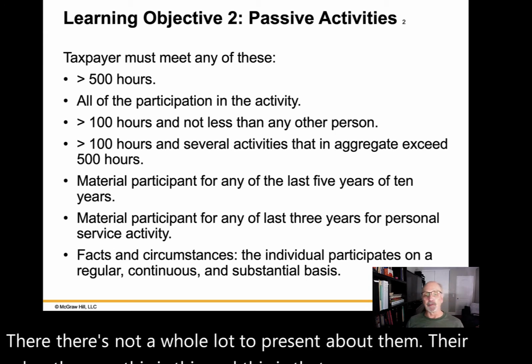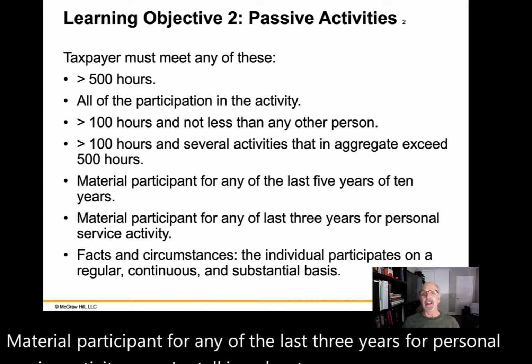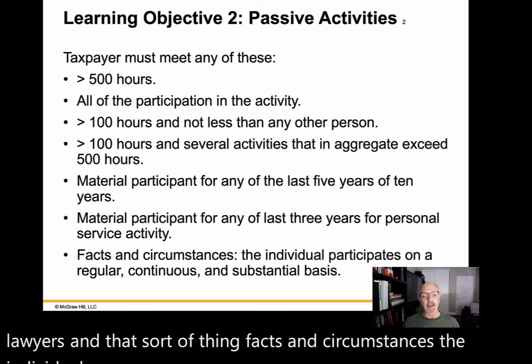Material participant for any 3 of the last years for personal service activity. So we're talking about accountants and lawyers and that sort of thing. Facts and circumstances. The individual participates on a regular, continuous, and substantial basis.